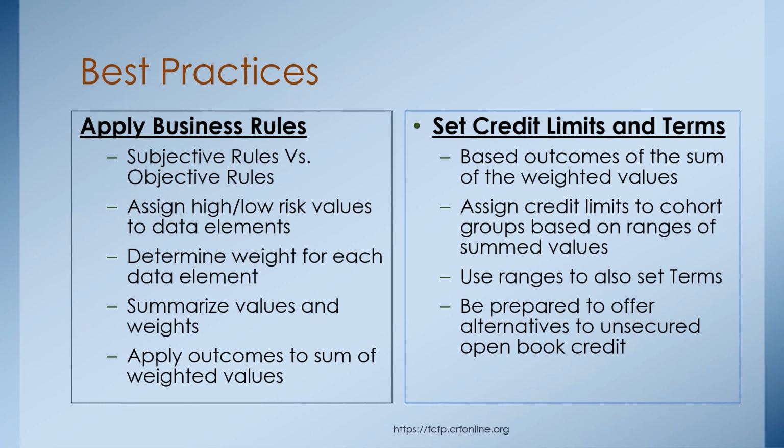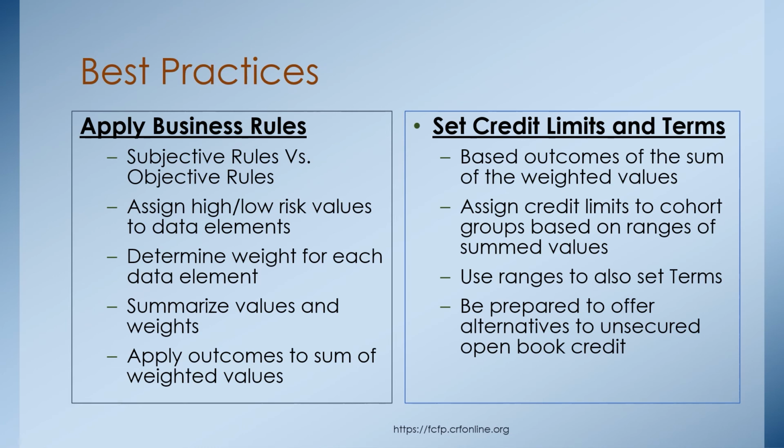And the outcomes is where you begin to take some actions, make some final decisions. So you could set credit limits and terms. For example, there may be a certain total of the sum of the weighted values that is so low compared to others that you want to declare for those customers that those are the ones that you will not extend credit to, unless of course they pay cash.